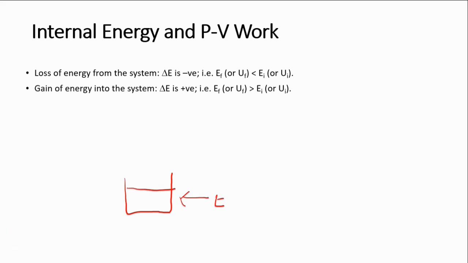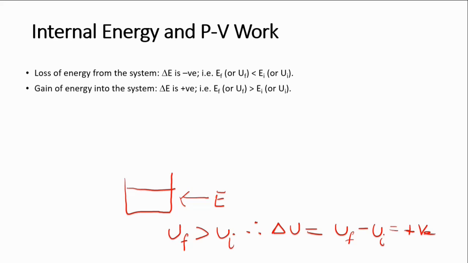Let's call this energy E. If energy is going in, then the final internal energy will be greater than the initial internal energy. Therefore, when you say delta U, U final minus U initial must be equal to some positive value. Makes sense?